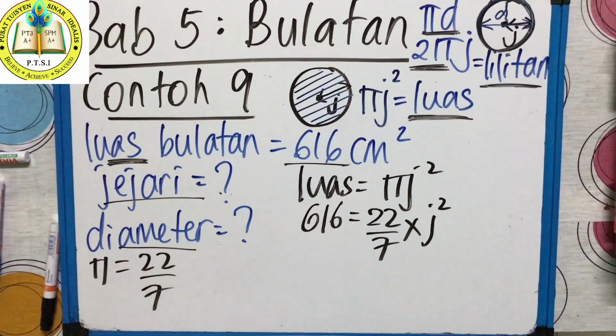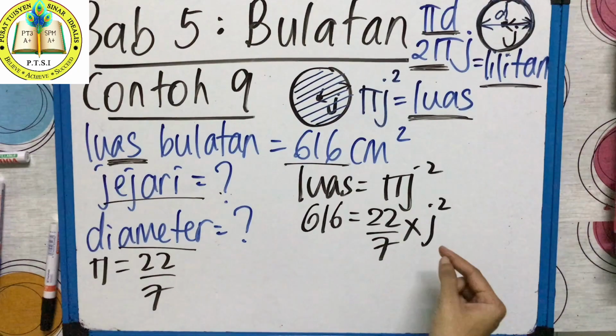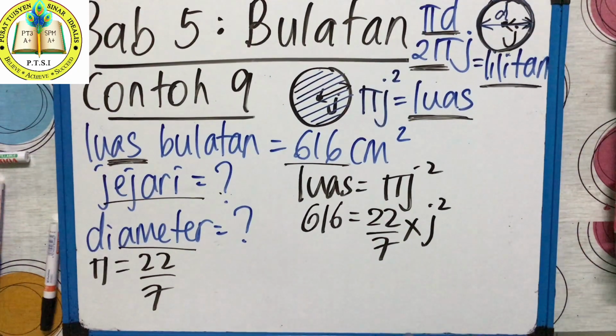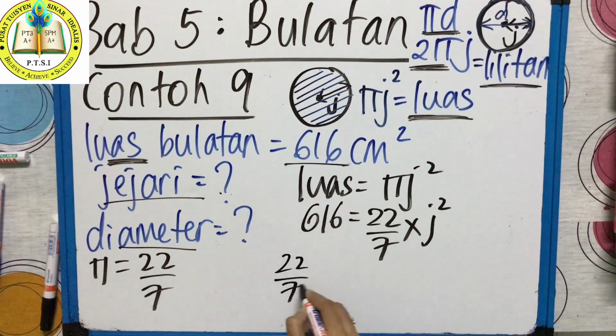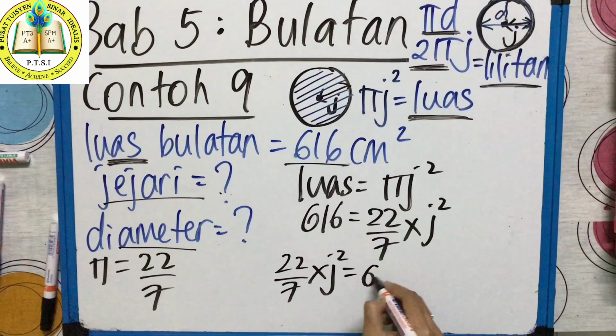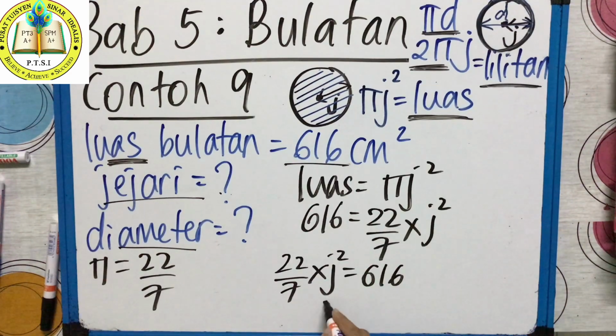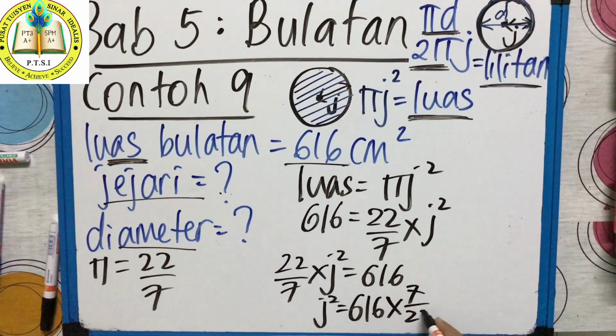Always teacher will say, if you want to find the unknown, kamu nak cari nilai J ataupun nilai X, it must be on your left hand side. So teacher swaps. 22/7 times J kuasa 2 equal 616. You want to get J kuasa 2, so 616 times 7/22. Actually 22/7 goes there as divide, but the divide changes to times terbalik, so 7/22.